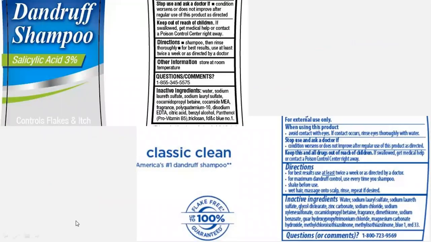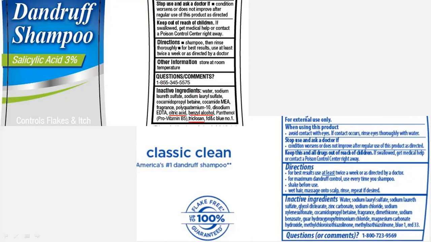So for example, in order to show preservatives in various cosmetic products, first let us consider shampoo. In this shampoo, if you see in its label, here they had mentioned citric acid, which is a preservative. Benzyl alcohol is also a preservative.